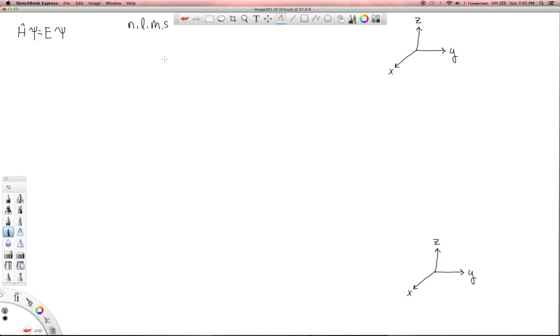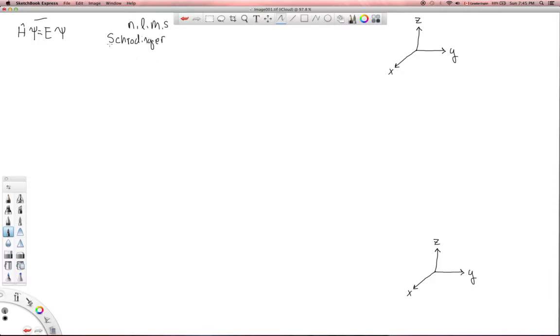Just as a quick recap, these quantum numbers actually fall out of an equation. I actually have the equation right here. They fall out of what's known as the Schrodinger equation.